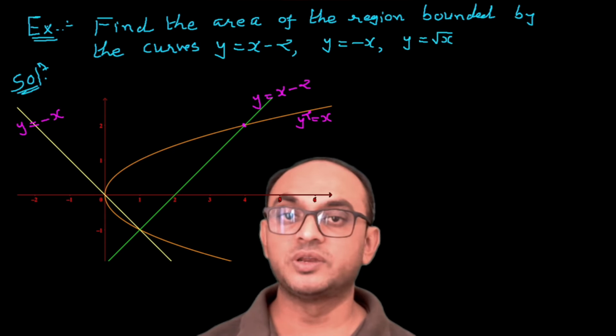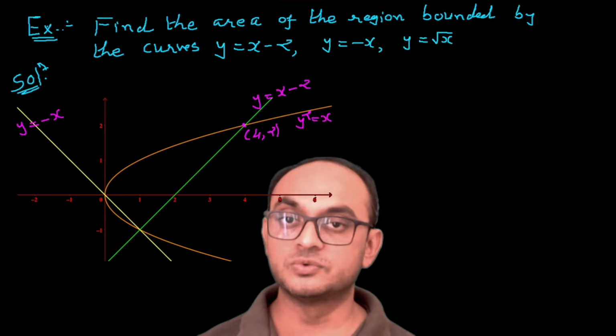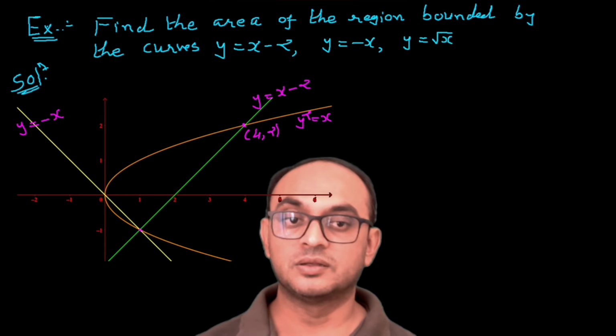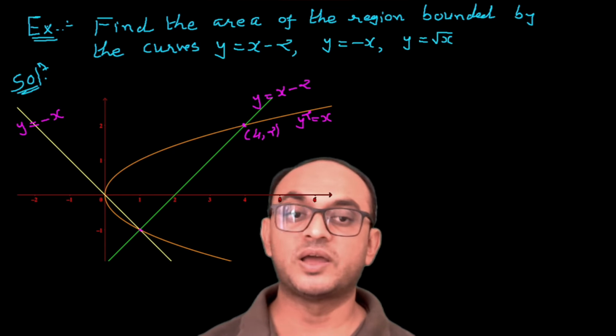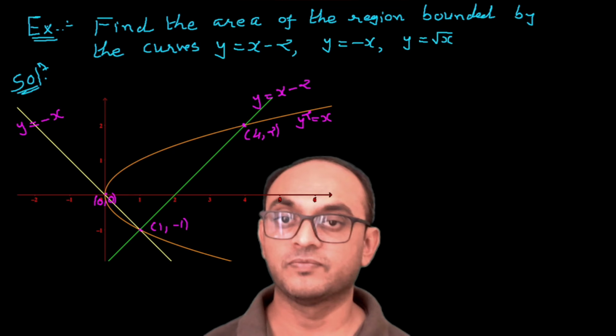This intersection point when x is equal to 4, y is equal to 2, then this intersection point when x is equal to 1, y is equal to minus 1. This intersection point when x is equal to 0, y is equal to 0, the origin.